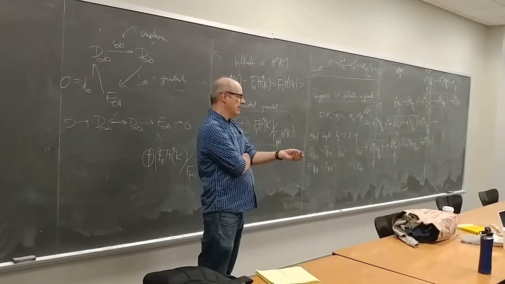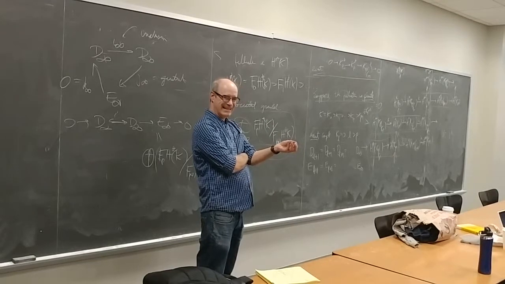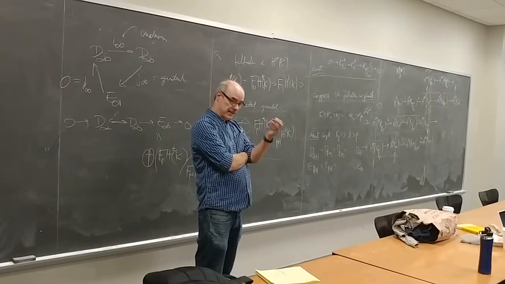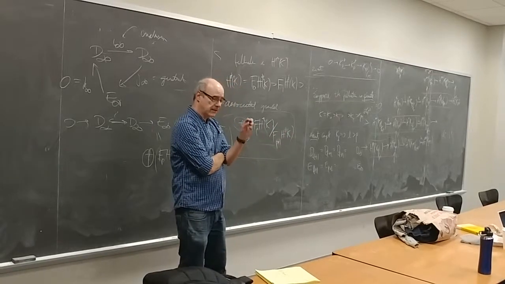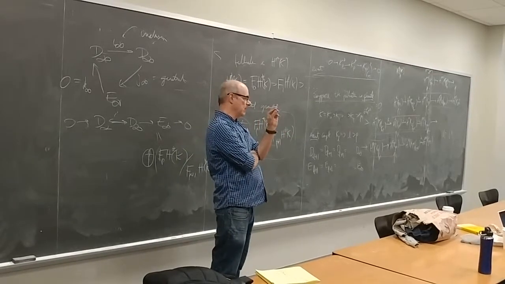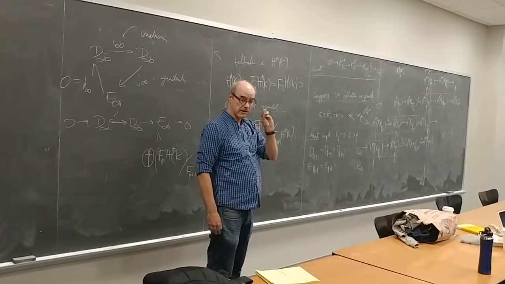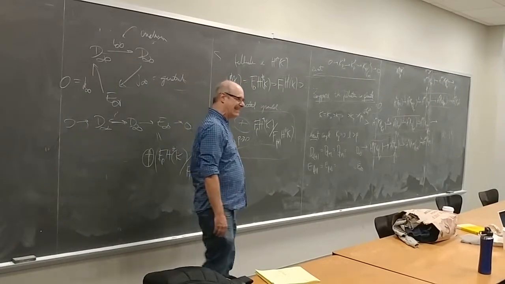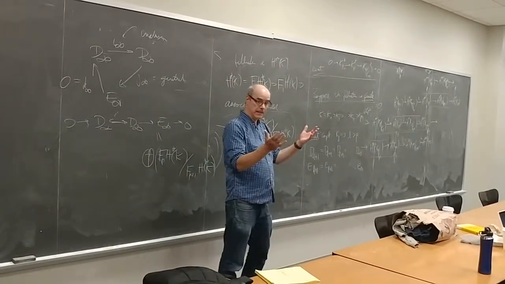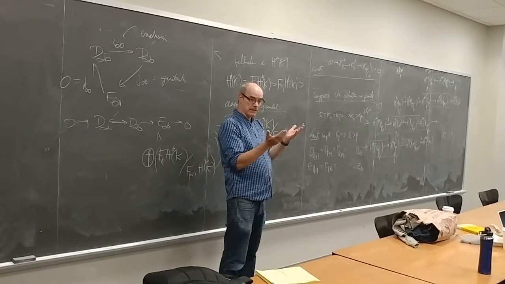Hence, it represents an element in the E2 term, and then that happens to be a cycle under D2. Hence, that represents an element in the E3 term, and so on ad nauseam. So it's an element in the spectral sequence starting out in the E1 term that is in the kernel of all the differentials. That's what we call a permanent cycle. And the E infinity term is generated by all these permanent cycles.